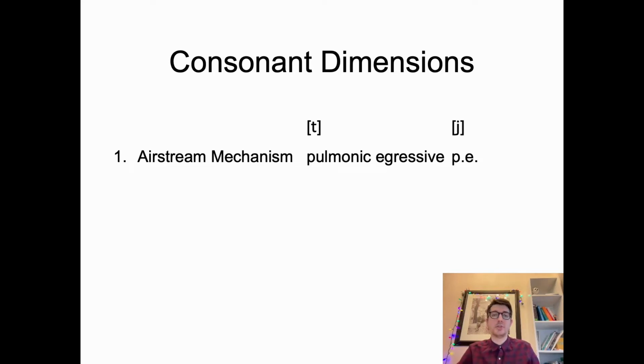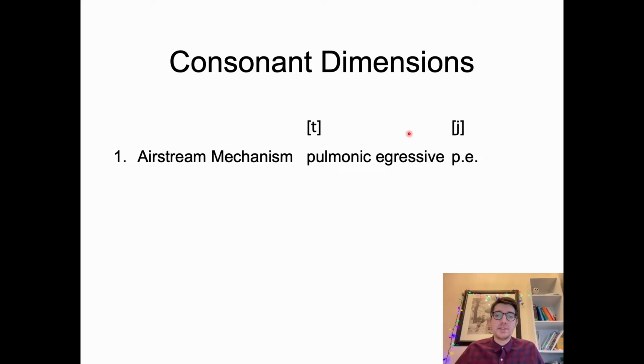Airstream mechanisms explore how the air flows in general, and in this case, how the air flows from the lungs through the trachea, passing the glottis, larynx, pharynx, and entering into your vocal tract, and through your vocal tract into the atmosphere. So for these two sounds, we're using what we call pulmonic egressive, meaning that we are exhaling while producing these two sounds.